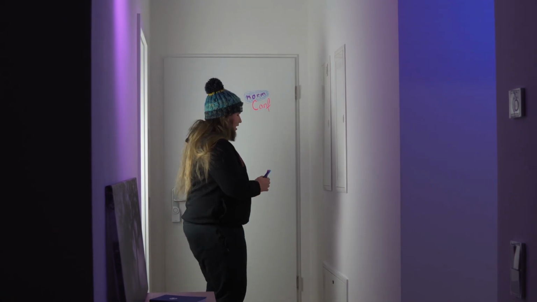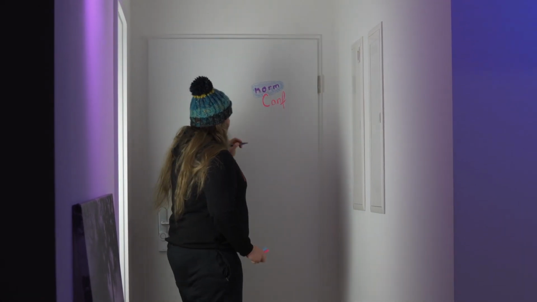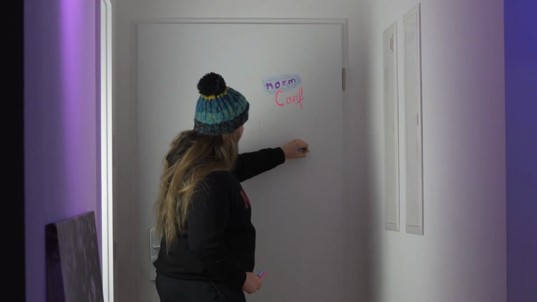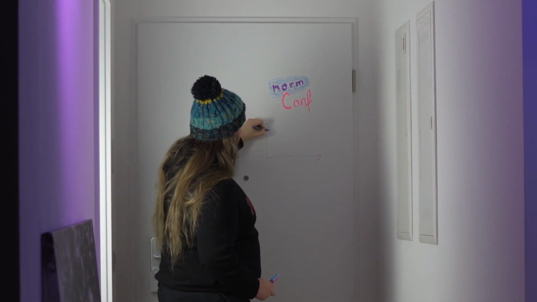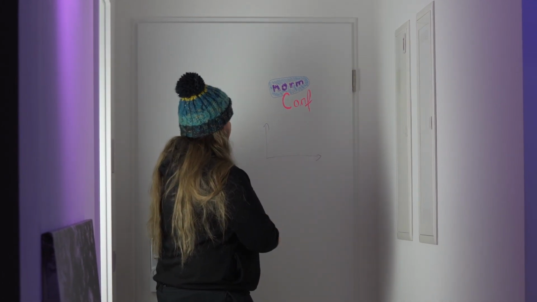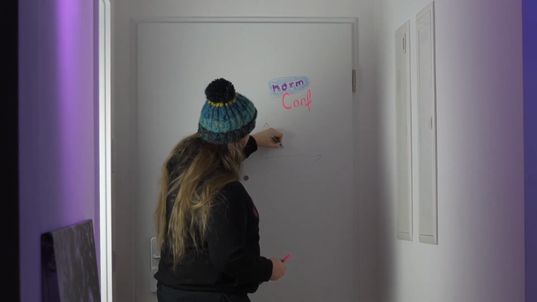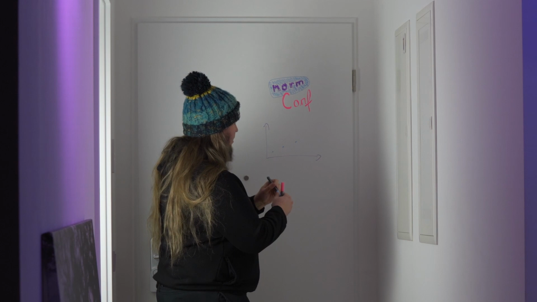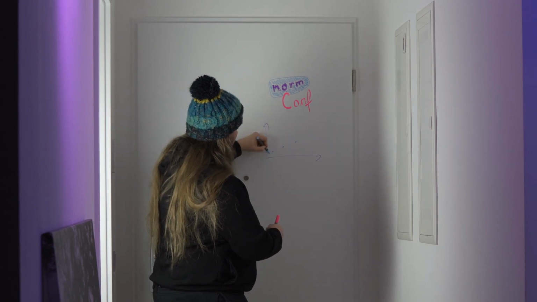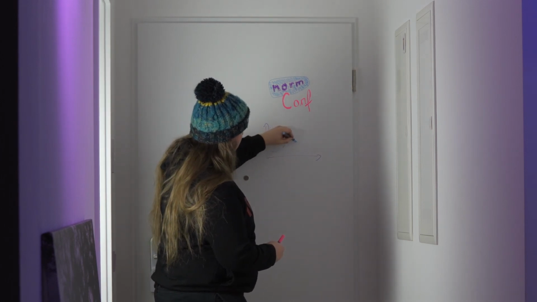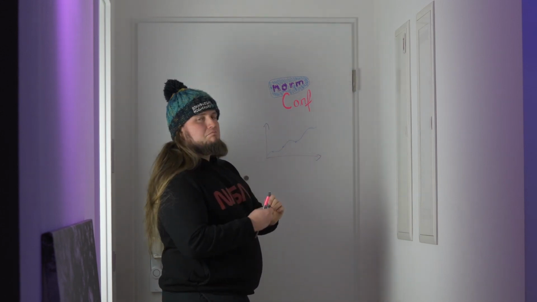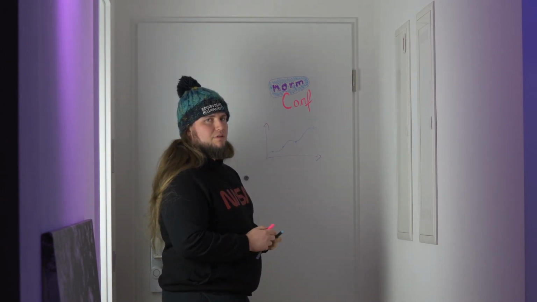So really, how this looks is we have our usual graph right here. And then we have rain, and of course some kind of graph through this.